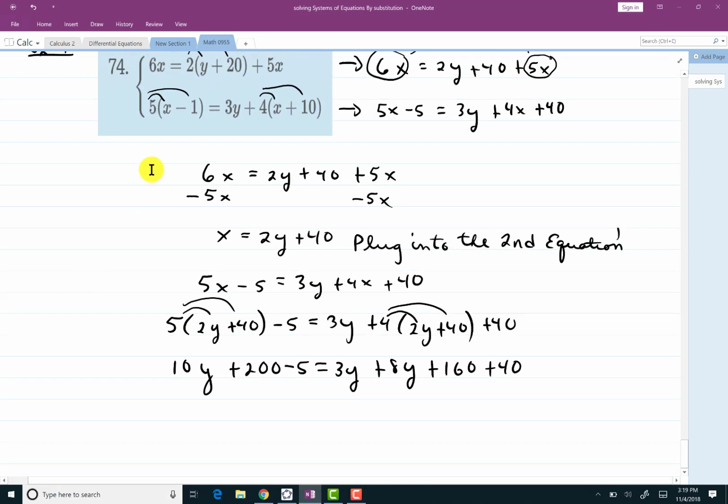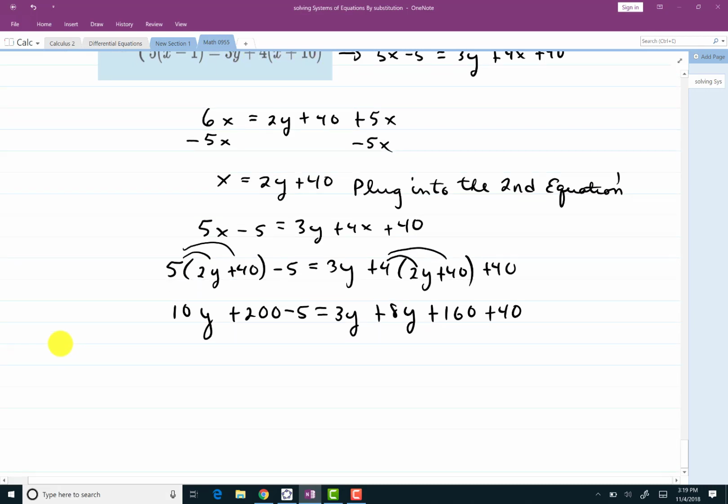Just check, there's a lot of y's going on here. I want to make sure that I have everything set. 5x minus 5, 3y, 4x plus 40. And now let's go ahead and simplify a little bit. 10y plus 195 equals 11y plus 200.